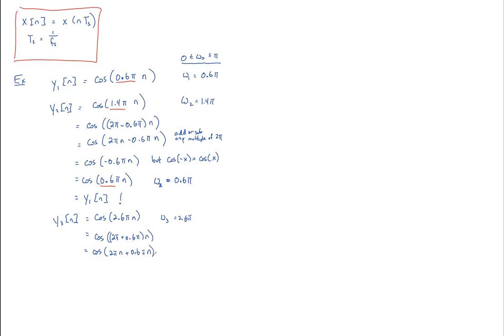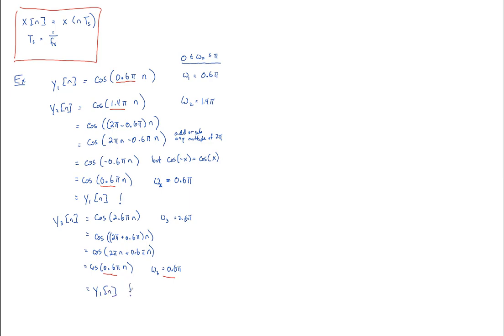Since we can add or subtract any multiples of 2 pi without changing things, that's the same thing as saying 0.6 pi n. And so that means that that is also the same as having a discrete time frequency of 0.6, since this is what's multiplied by n. And even that is the same thing as our y sub 1 of n.